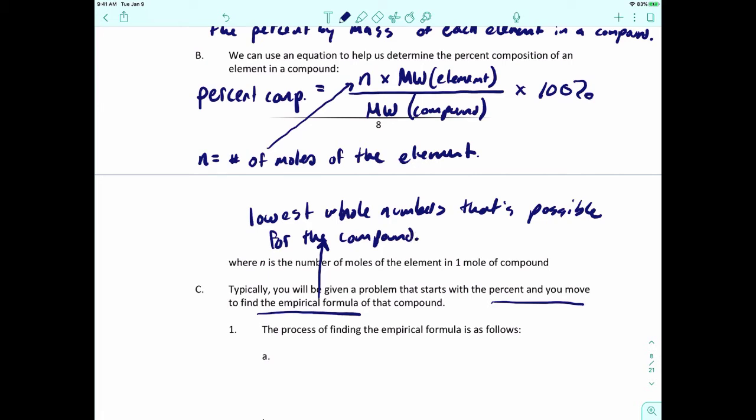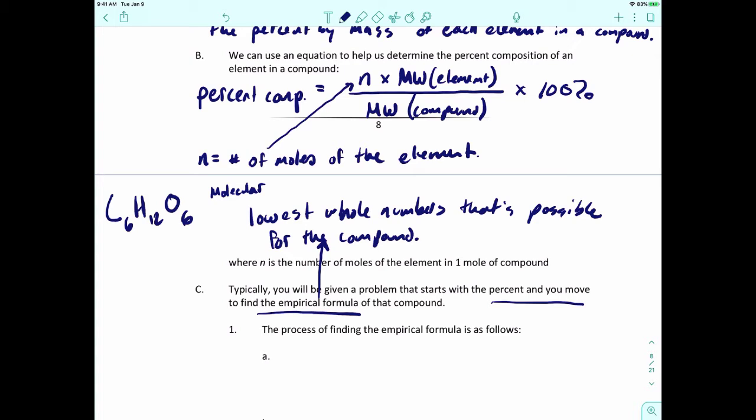Let me give you an example. So the molecular formula for glucose, sugar, is C6H12O6. Okay. And so that's its molecular formula. If I wanted to find its empirical formula, is there a way to reduce these all down to a number that's not divisible?